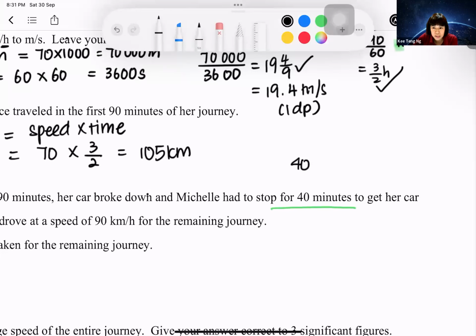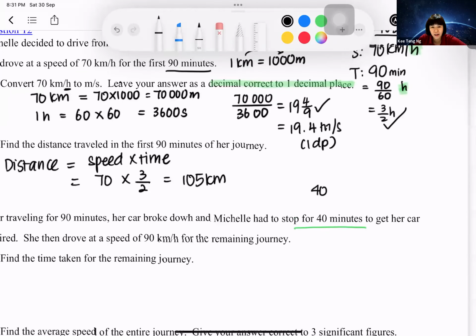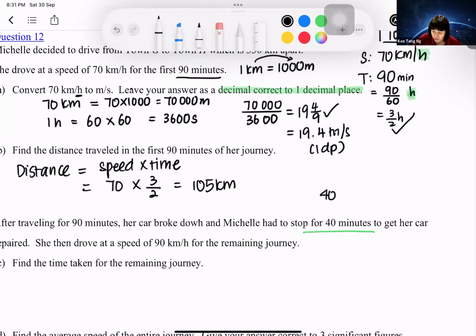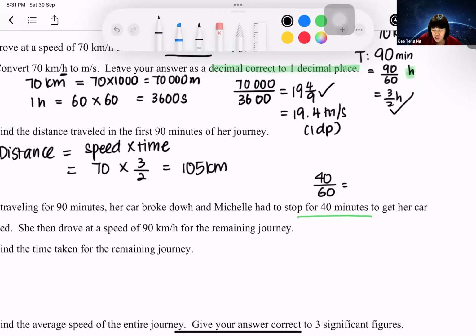Oh, nobody answered me. Maybe for me, I just change it to hours. Yes, divide by 60. I constantly remember I must make all the units the same, so I change it.